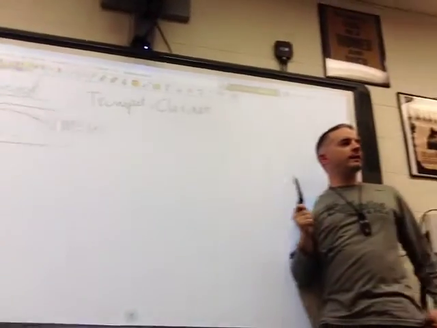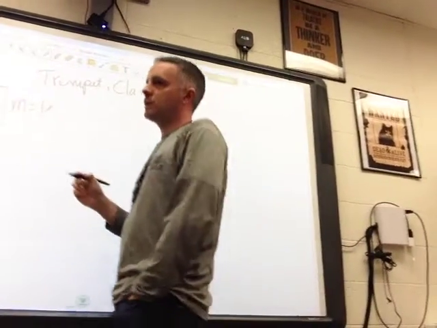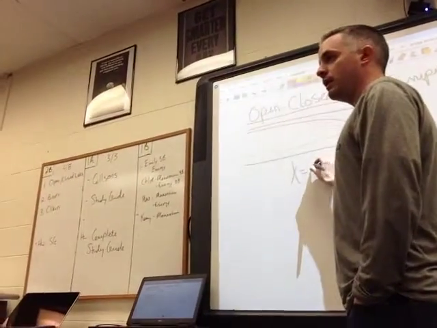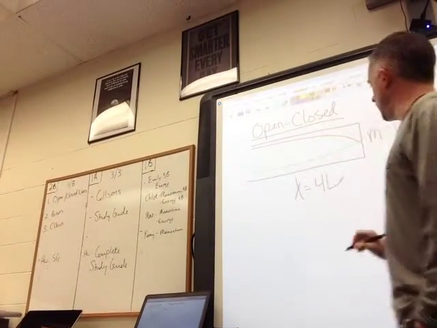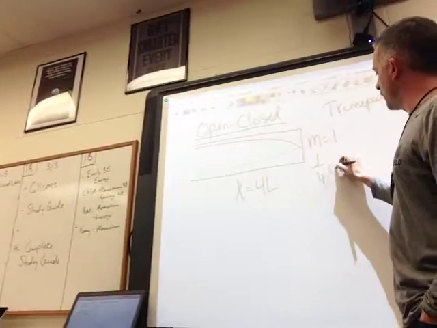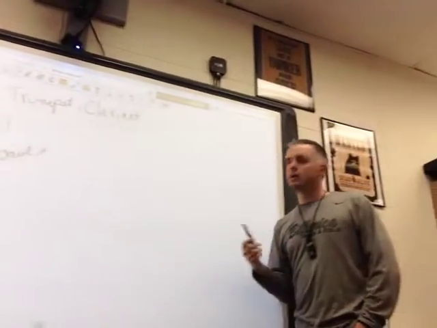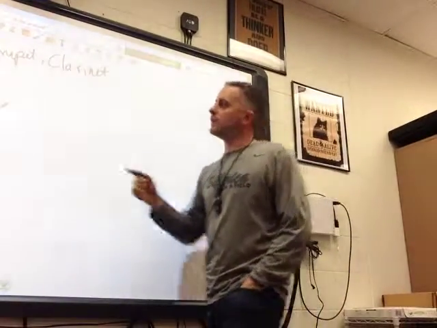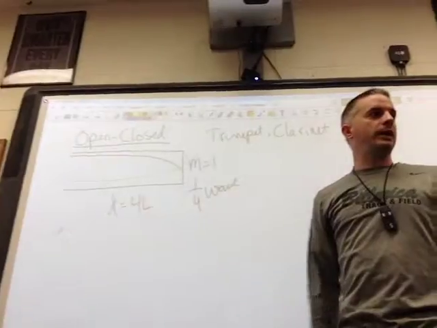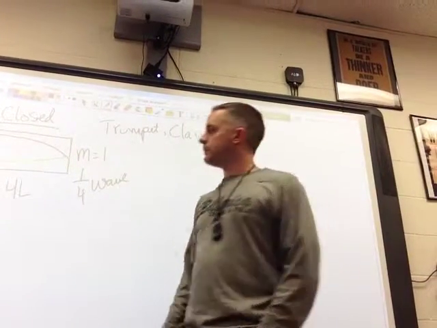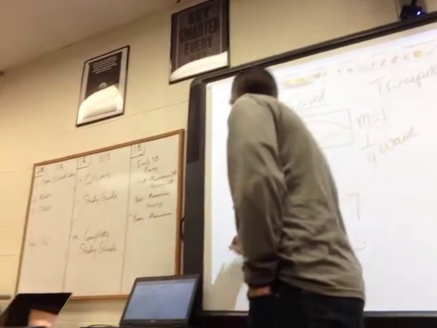How much of a wavelength do we have here? Your wavelength would be 4L, so we've got a fourth of a wave. Look here, we've only got half of a peak, half of a trough. It's not going down all the way.